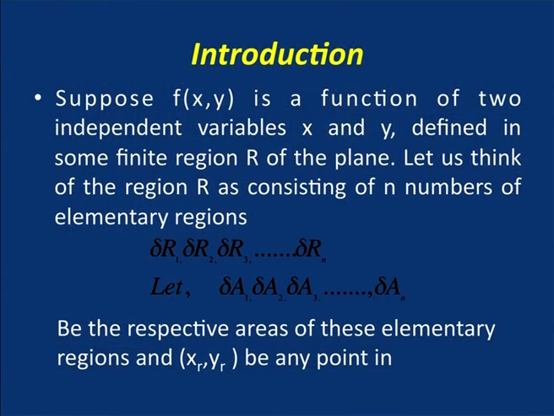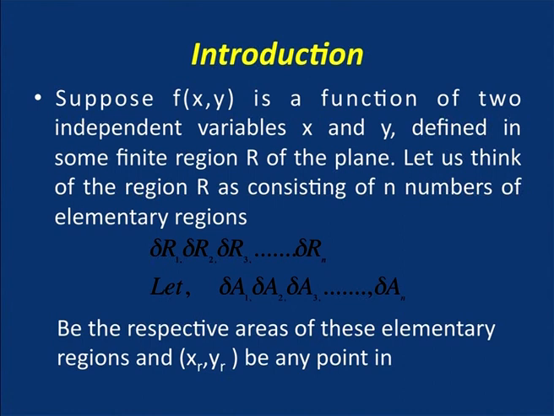Suppose f(x, y) be a function of two independent variables x and y defined in some finite region R of a plane. Let us think of the region R as consisting of n number of elementary regions delta R1, delta R2, delta R3 and so on up to delta Rn.